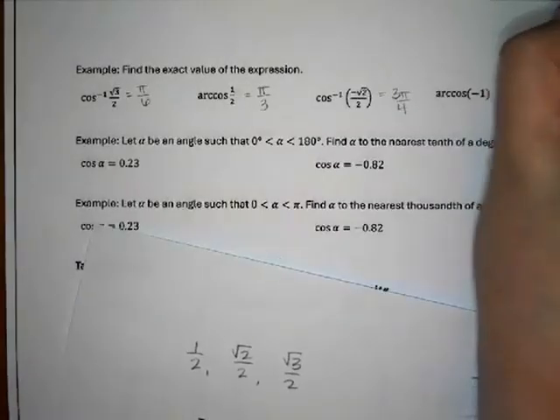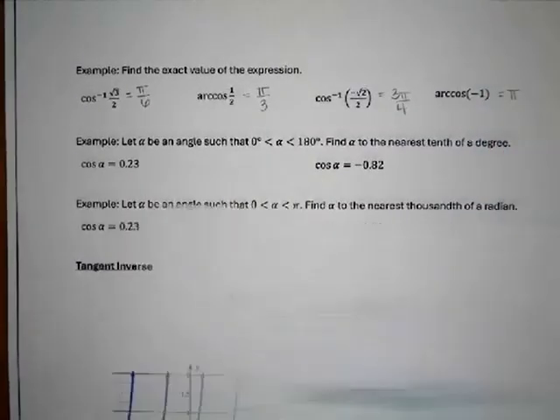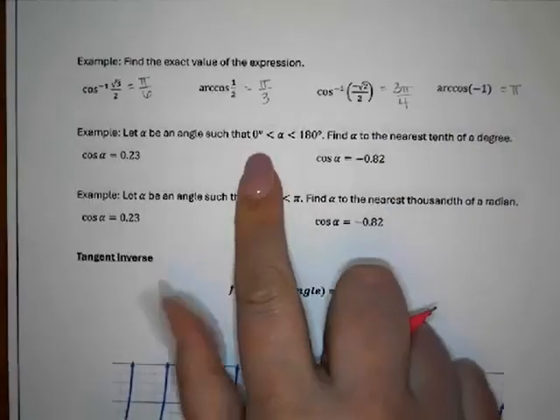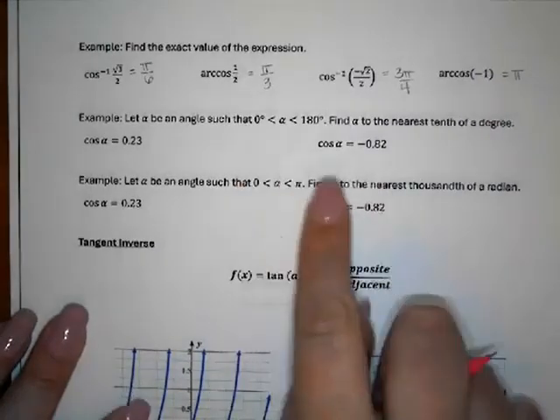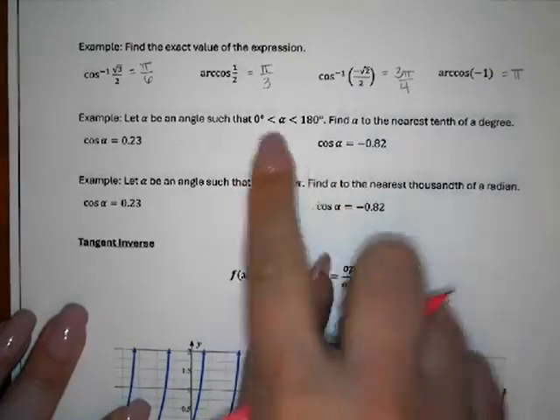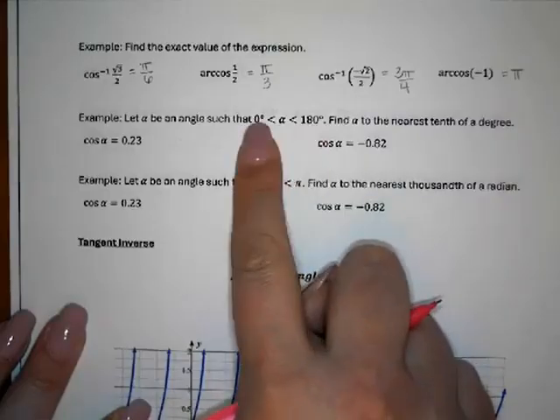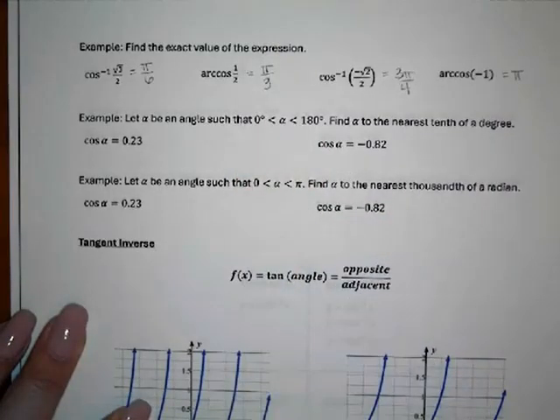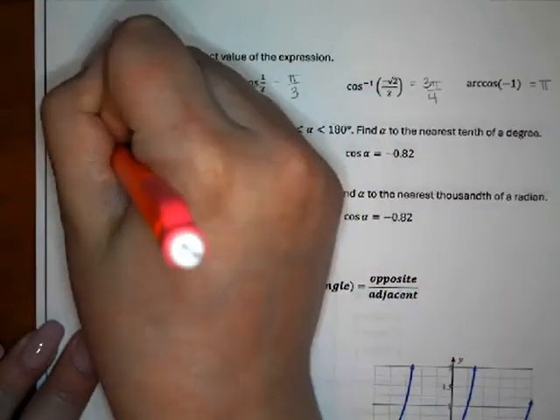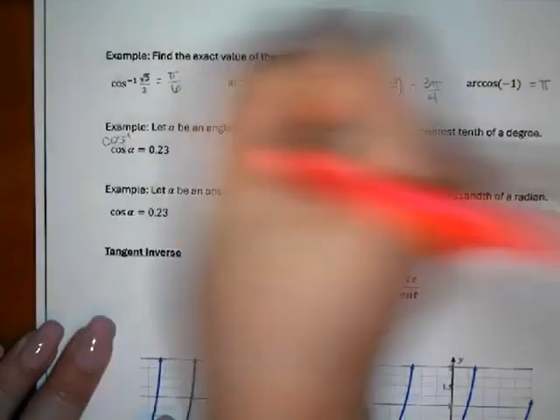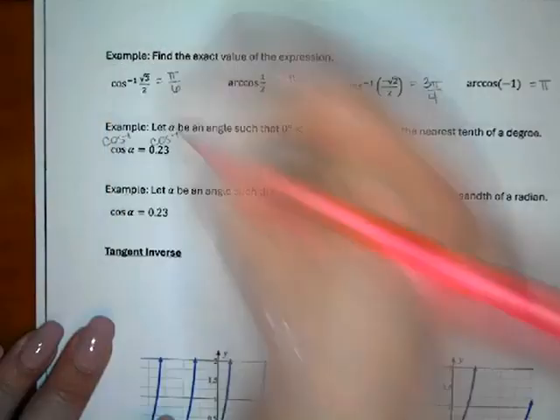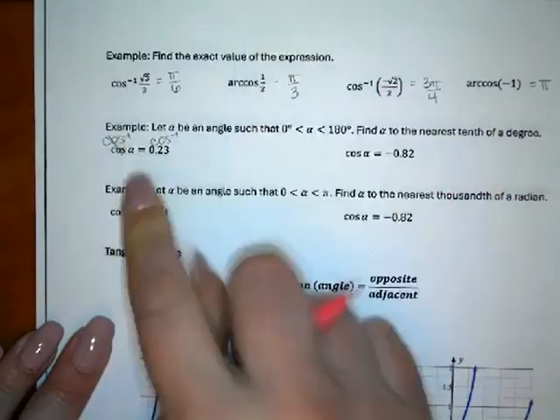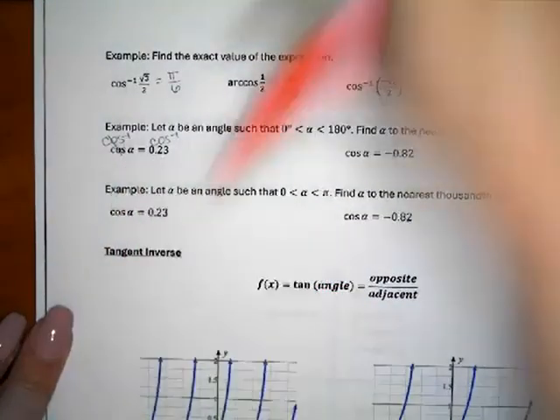All right, so here if we're using a calculator, same thing or similar idea to sine, we can only have outputs that are between 0 and 180 degrees or between 0 and pi. So up here, I'm going to solve for alpha by doing cos inverse of each side. And so alpha is cos inverse of 0.23. And I'm going to convert my calculator into degrees.